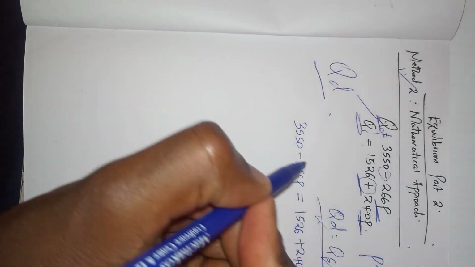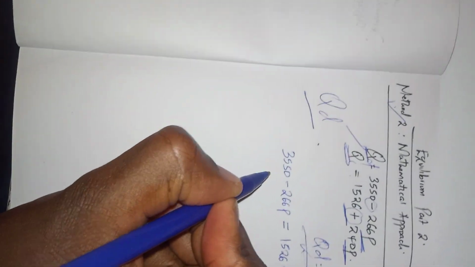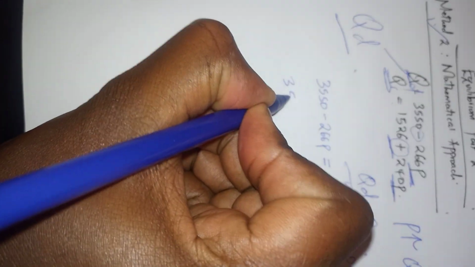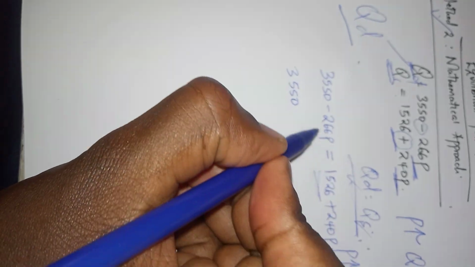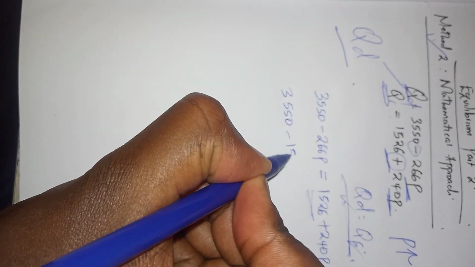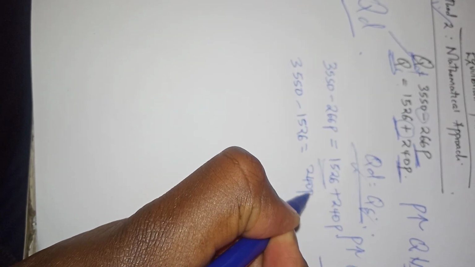So that 550 minus 1526 should be equal to 240P plus 266P.